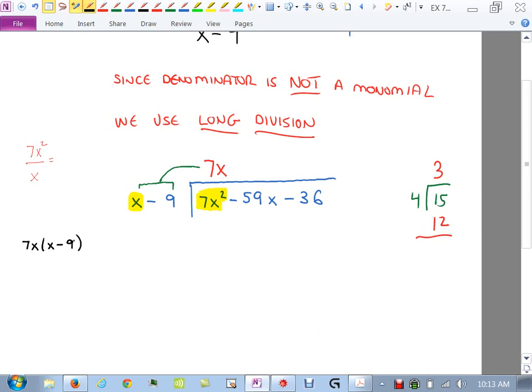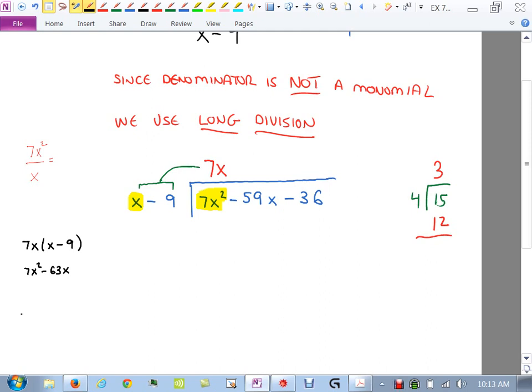And this is just a little monomial times a little binomial. And you're just going to distribute it through, right? And what would you get? 7x squared minus 63x, right? I wrote that really small, but isn't that what you would get?